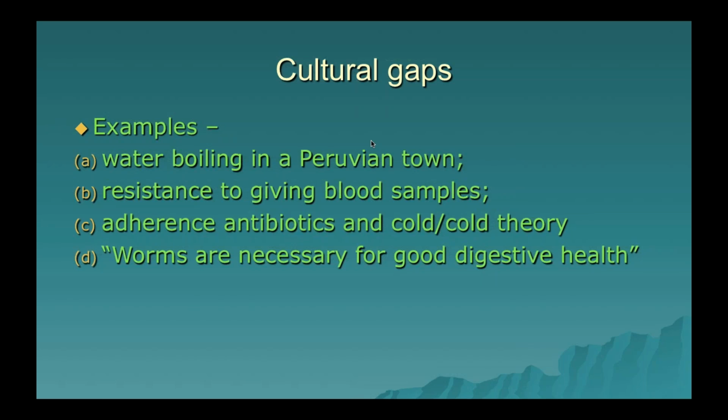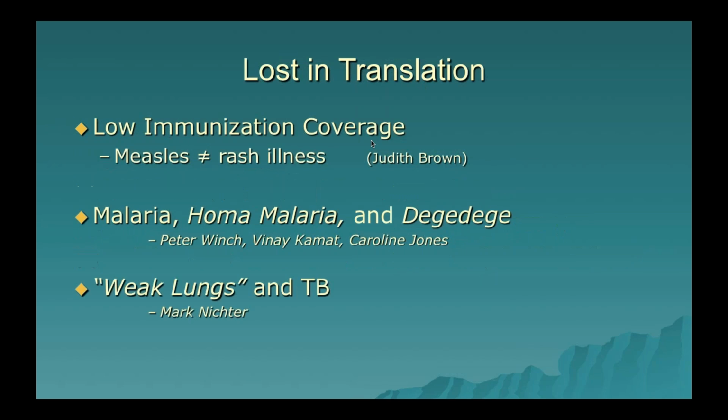Or something by Norbert Vecchiato, a notion in Ethiopia that you have to have worms in order to have good digestion. So even the definition of what health is might vary from society to society.